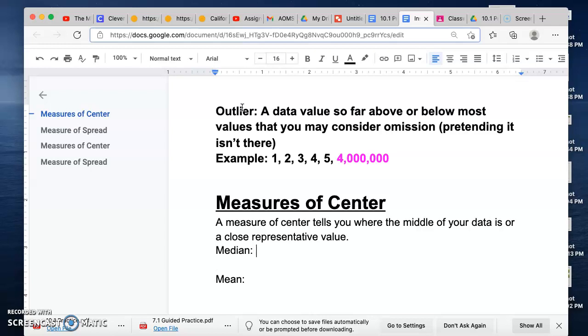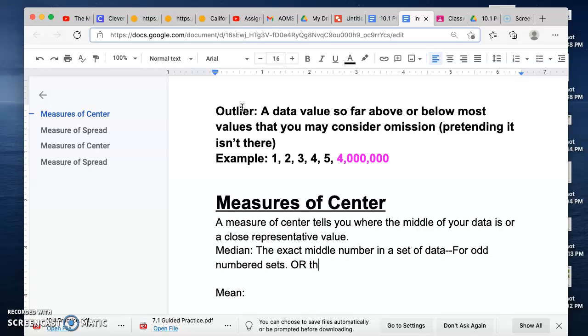The median is the exact middle number in a set of data. That is for odd numbered sets. Then we say, or the number in between the two middle numbers for even numbered sets.